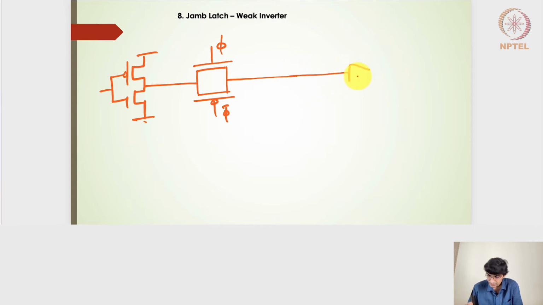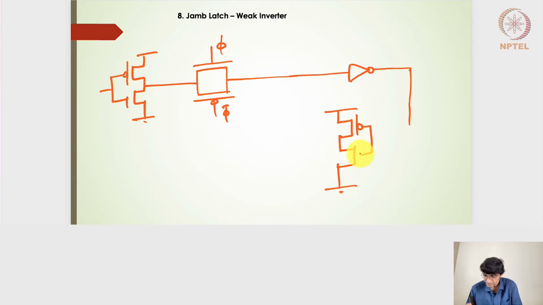So let me draw a gate level diagram, and here I'm going to draw the transistor level diagram, and this is a weak inverter. I'm going to draw an inverter first and then talk about being weak.